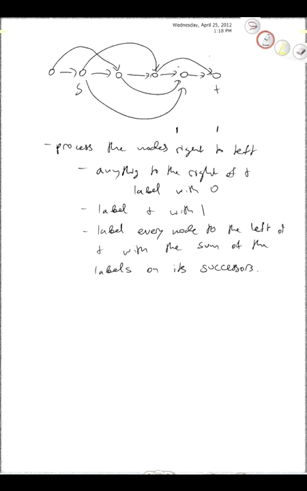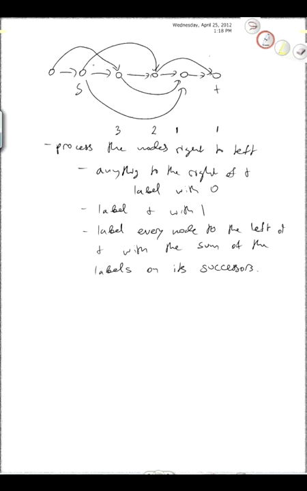So a path to t could start with this edge, and there's one way of getting to t from there. Or it could start with this edge, and there's one way of getting to t from there, so that would get a 2. This next node, a path to t could start with this edge or with this edge, and the top edge here gives us two possible completions to t, and the bottom edge gives us one possible completion to t. So that node gets labeled with a 3.